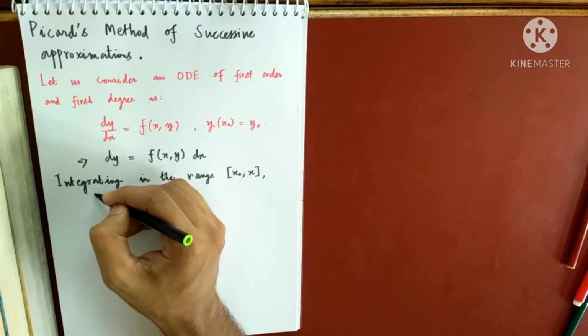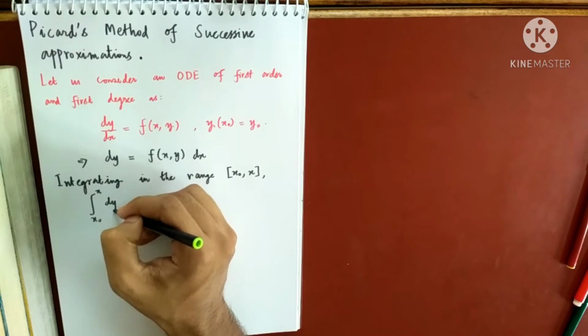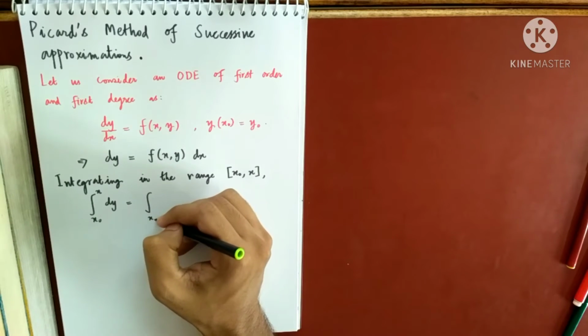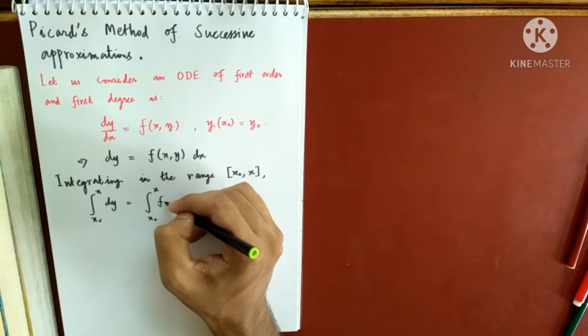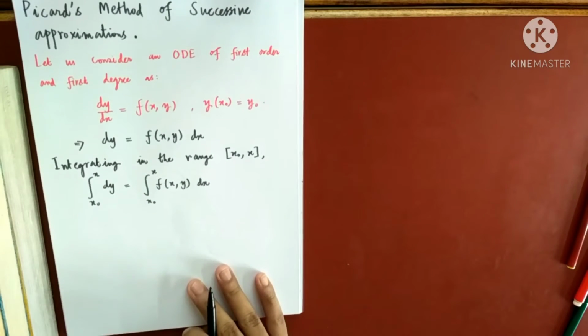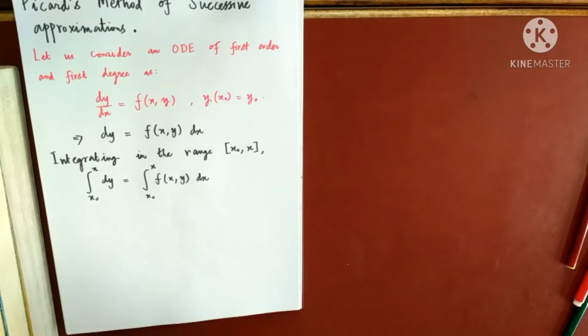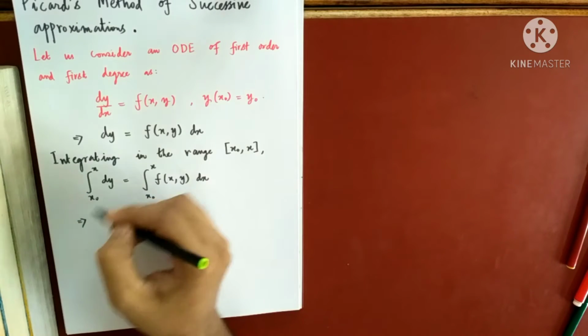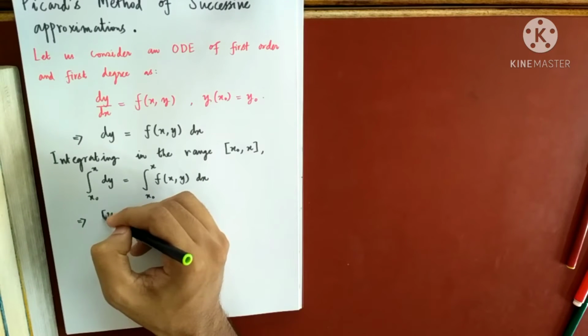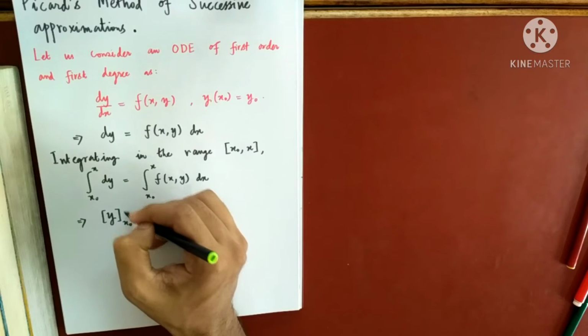That means what will I get? Integration x naught to x dy, integration x naught to x f of x, y dx. So we are basically integrating in the range x naught to x. So this is nothing but integration of dy is just y, and the limit is x naught to x.